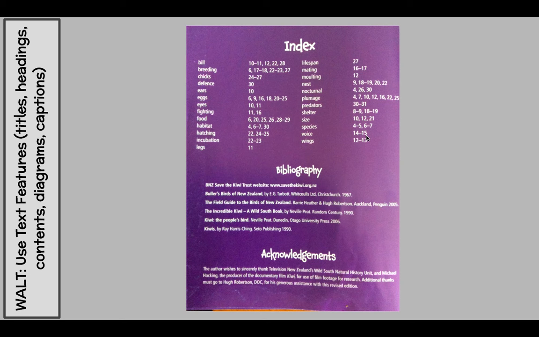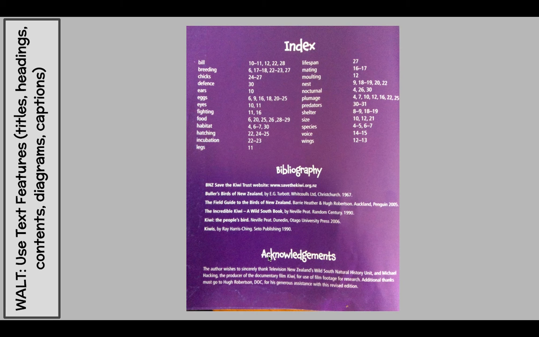It's slightly different to the contents because this actually gives us very specific information, things that we might want to remember and we will want to go back for. The bibliography is the list of books here that the author has used to gather or to help her gather information. It might be the information or it might even be photos.